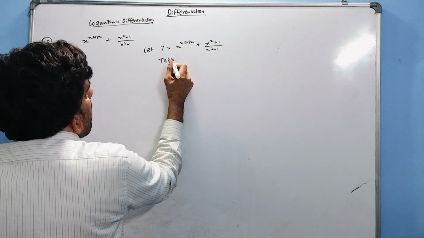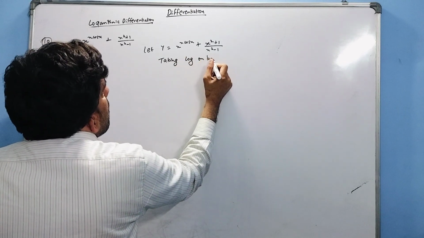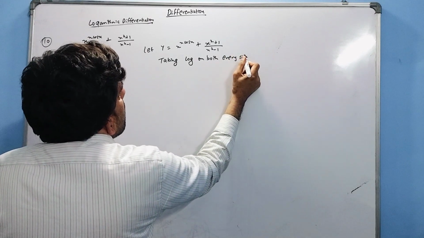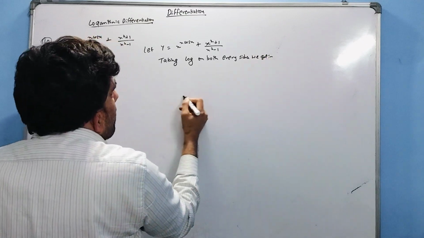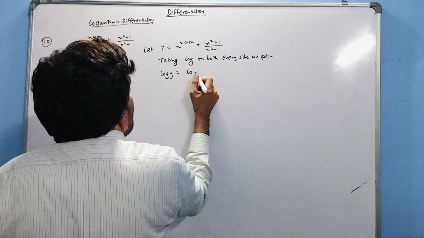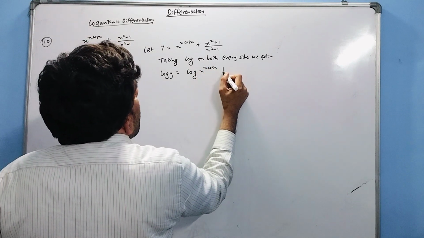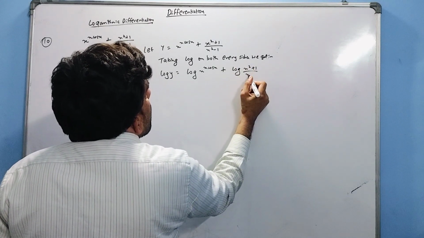We'll write each and every step, taking log on every side. So what we get here is log of y equals log of x to the power x cos x plus log of x square plus 1 upon x square minus 1.